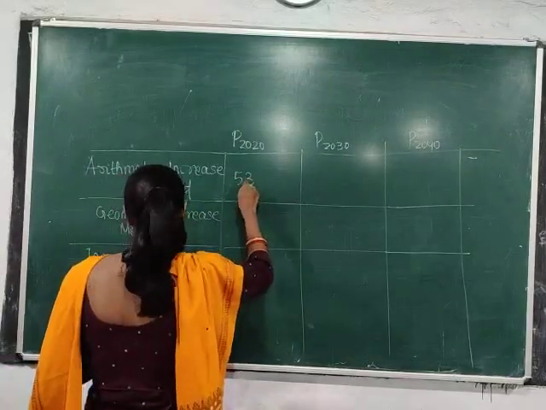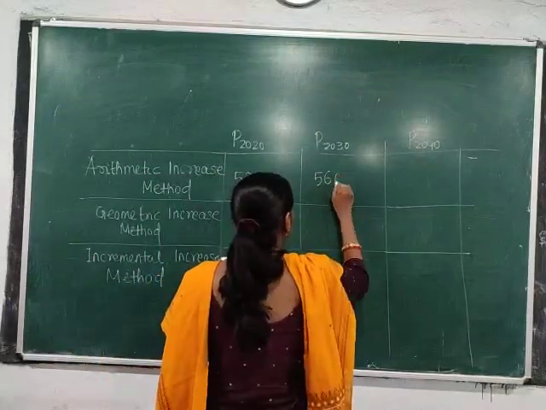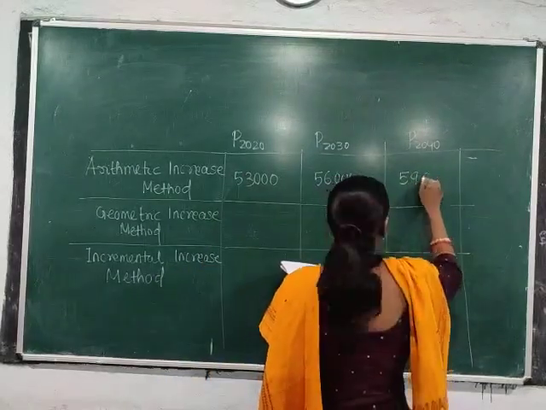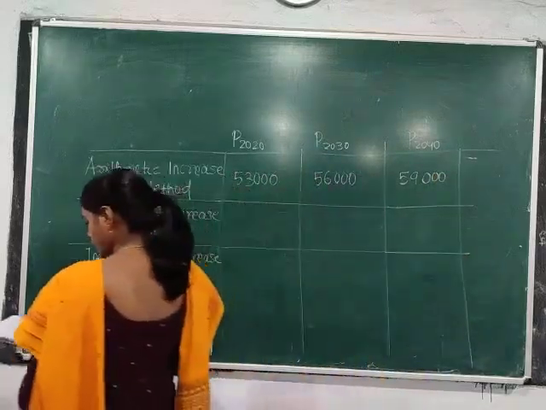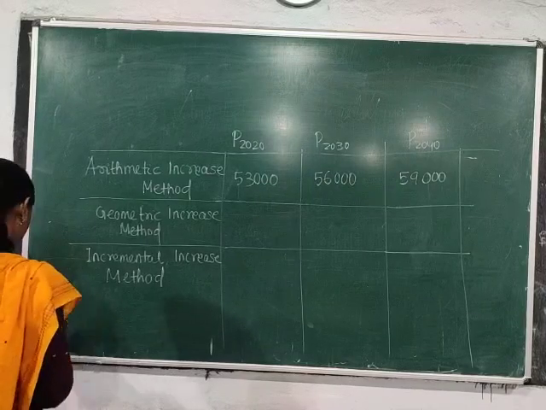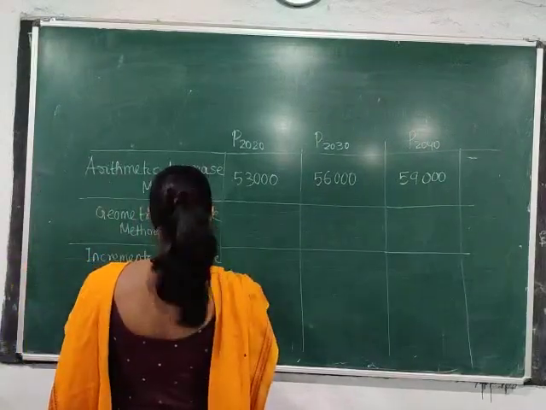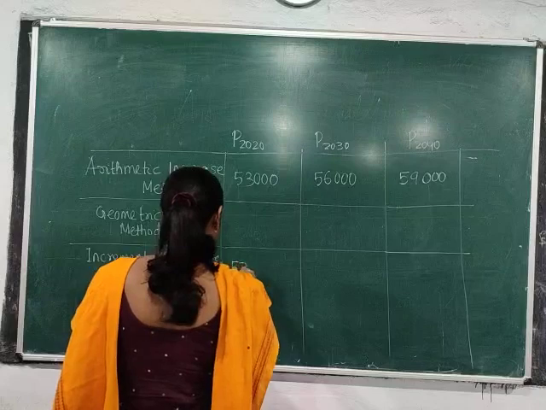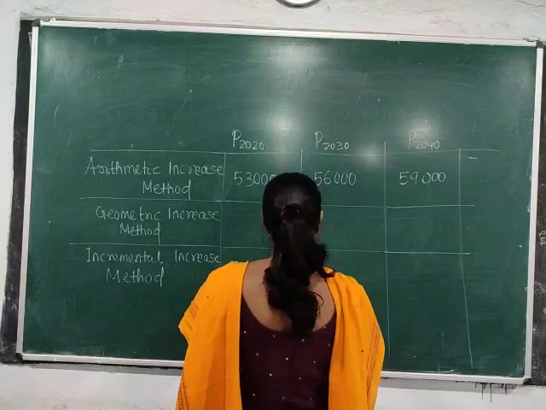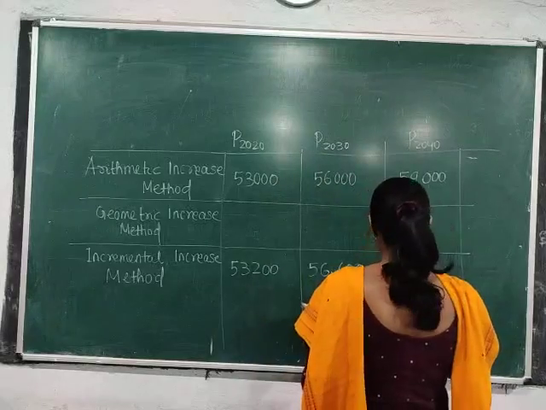That is, for 2020 it is 53,000, for 2030 it is 56,000, for 2040 it is 59,000. And when we go for the incremental increase method, for 2020 it is 53,200, for 2030 it is 56,600, for 2040 it is 60,200.